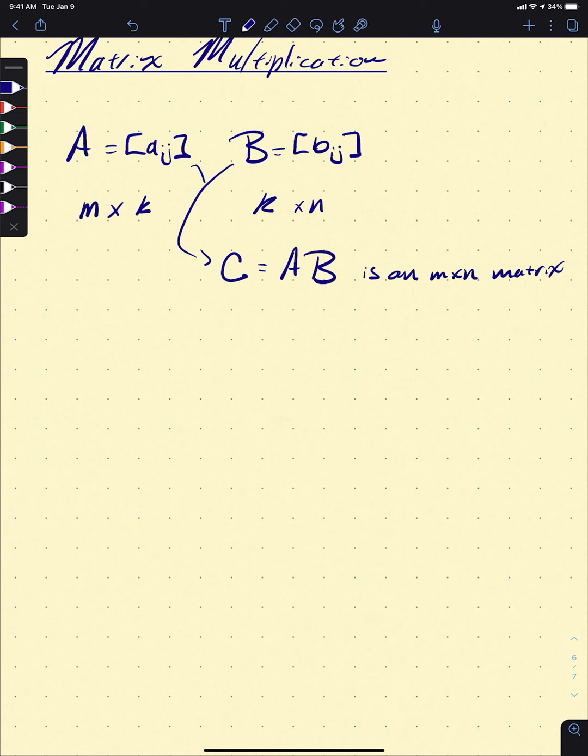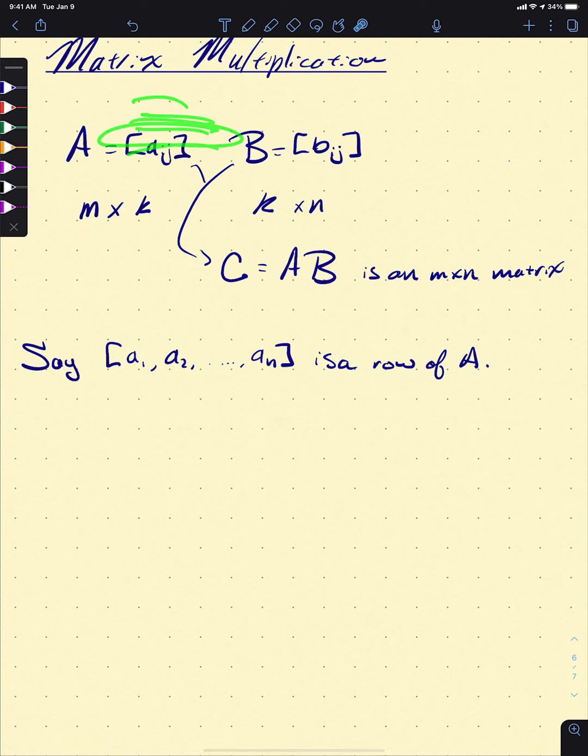Let's develop how to actually calculate it. Let's start with some preliminary work. Say A1, A2, through AN is a row of A. You scan through the different rows of A and pluck out that one.